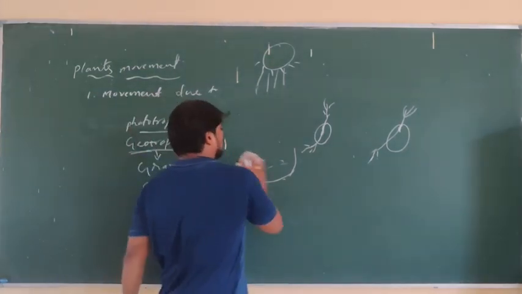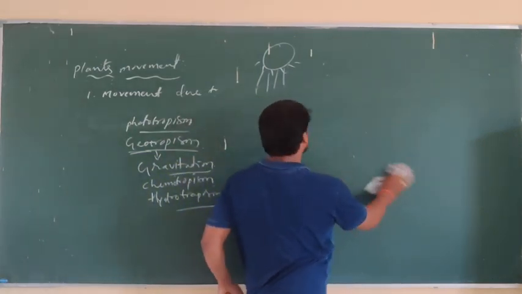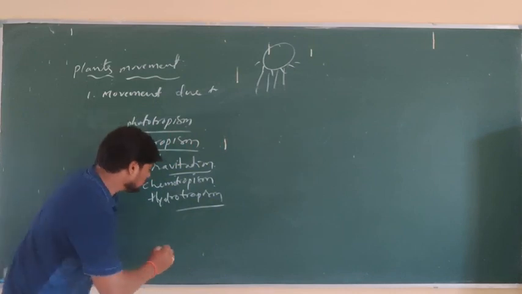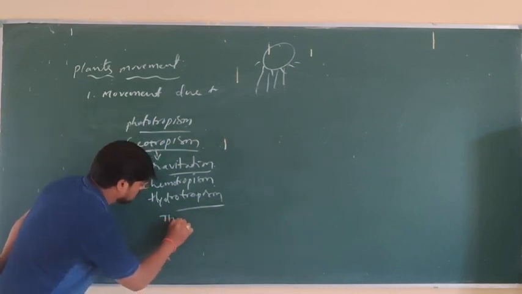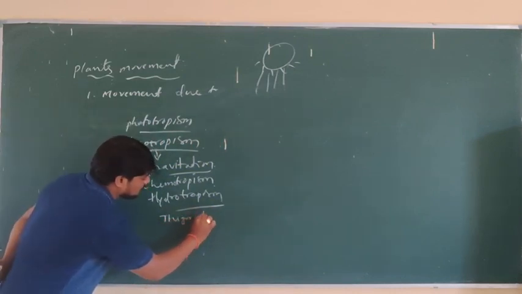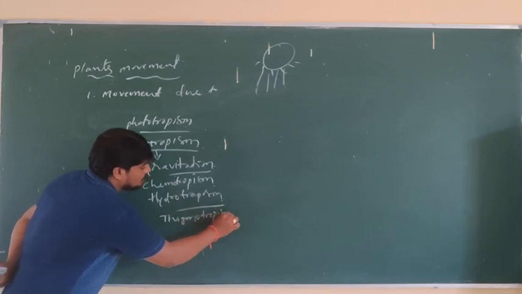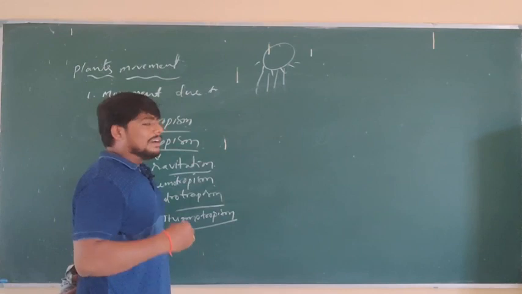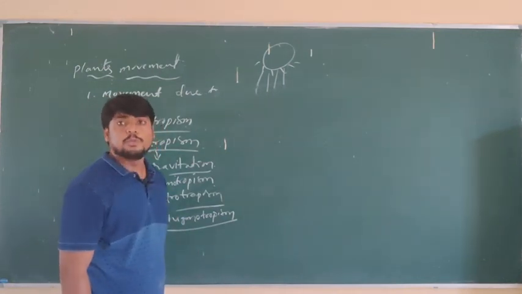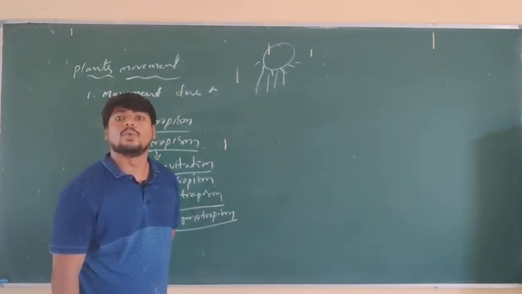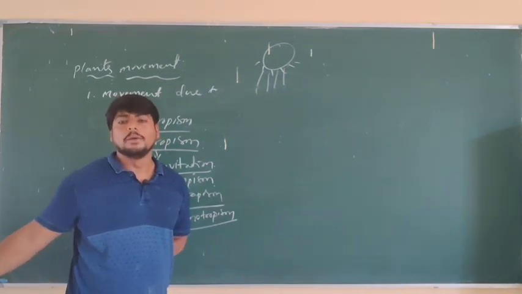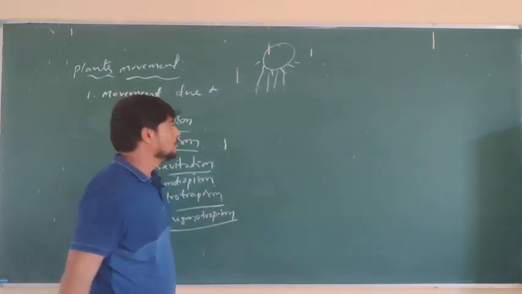And another one is thigmotropism. What is thigmotropism? It means the movement of the plant towards a support or contact. That kind of movement is called thigmotropism.